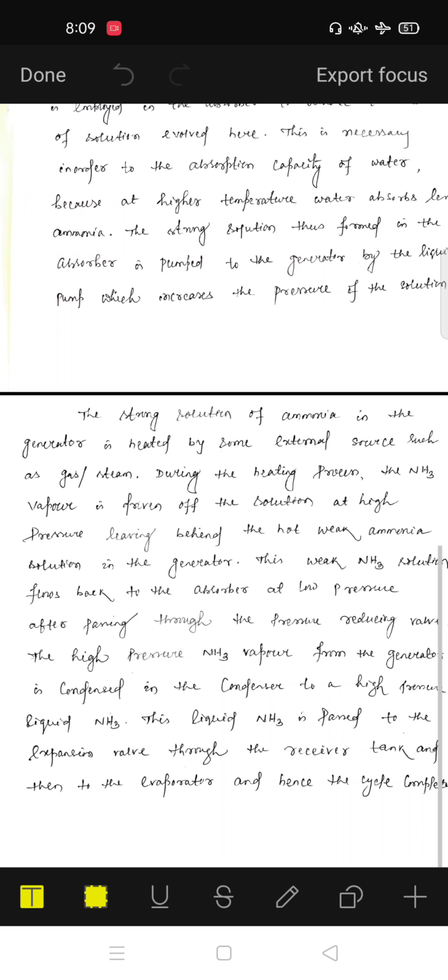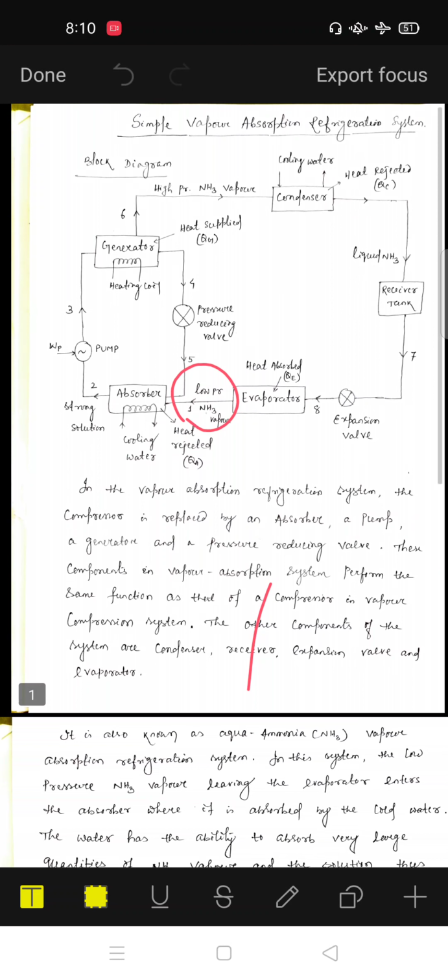This weak ammonia solution flows back to the absorber at low pressure after passing through the pressure reducing valve. So look here, students, in the diagram.